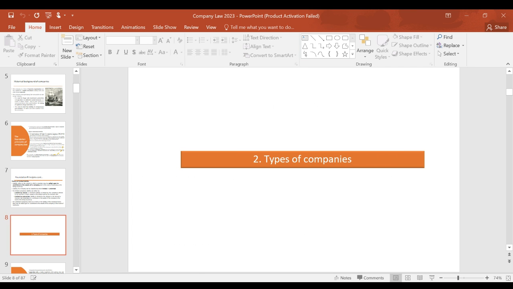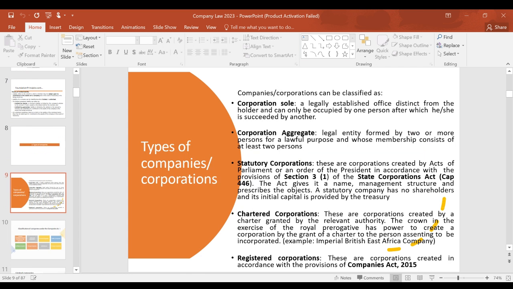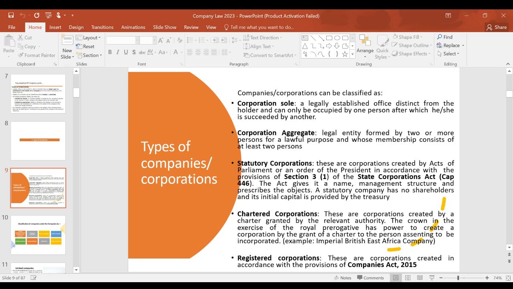Now, let us look at the types of companies that exist. There are several types of companies that exist, and some of these are just different fashions of corporations or companies, how they are composed.